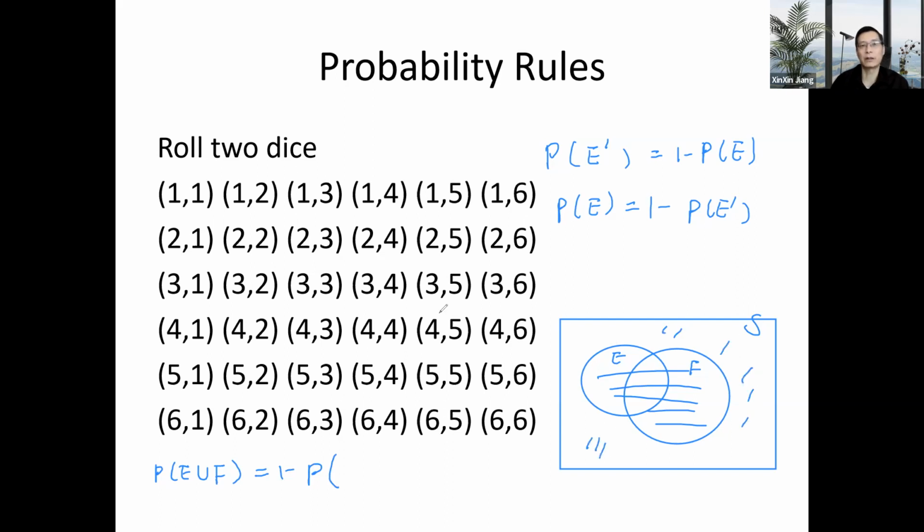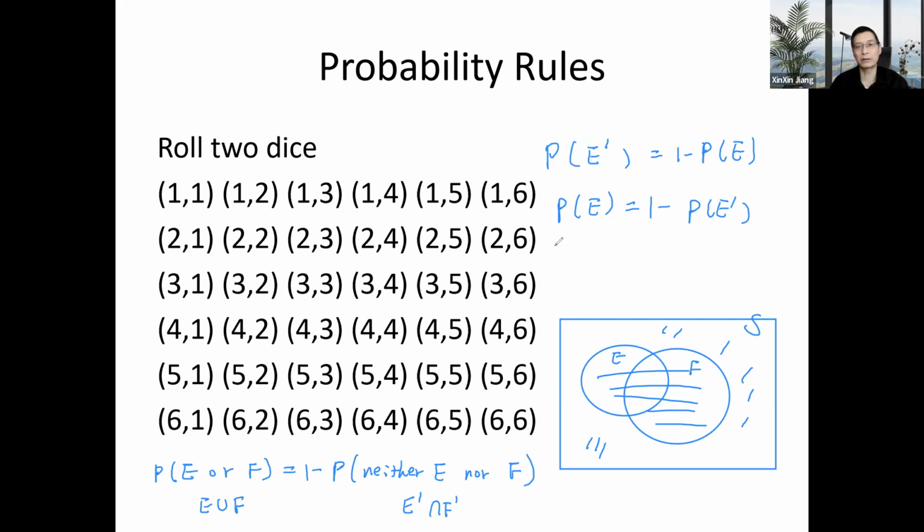So maybe I should say it this way: E or F, that's a union, is 1 minus the probability of neither E nor F. That's E complement intersect F complement.